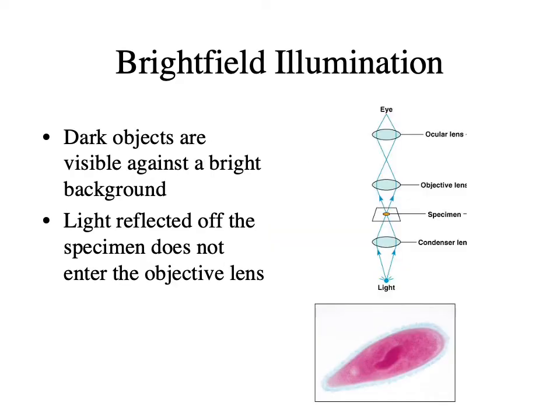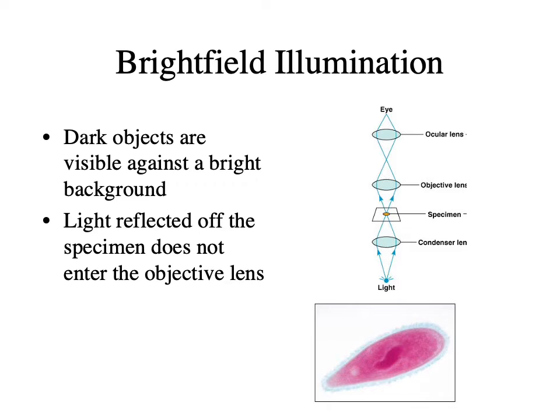Brightfield illumination is what we have with our Brightfield compound microscopes. The dark objects or specimens that you look at are visible against a bright background. The light reflects off the specimen and it does not go into the objective lens.